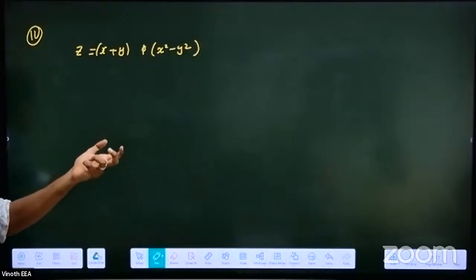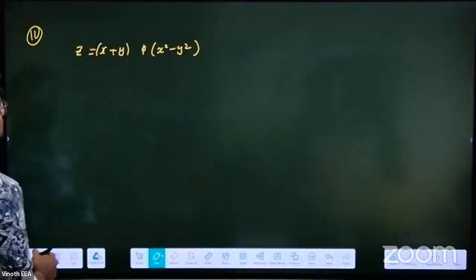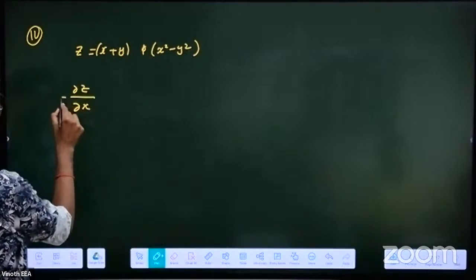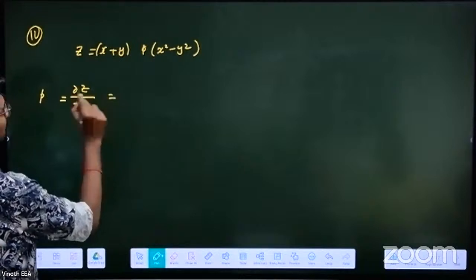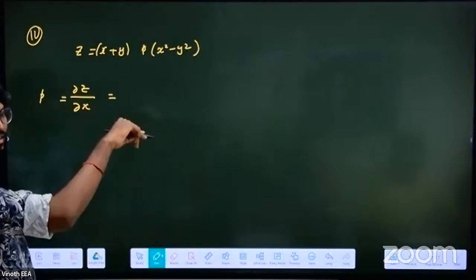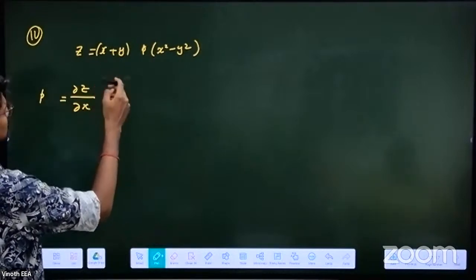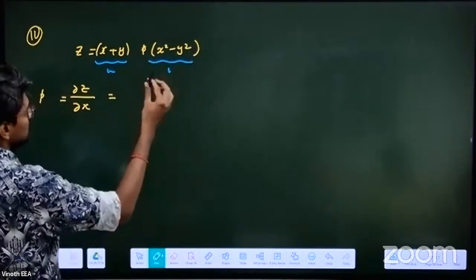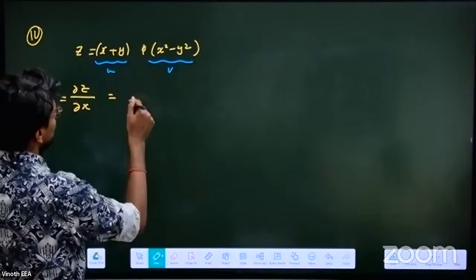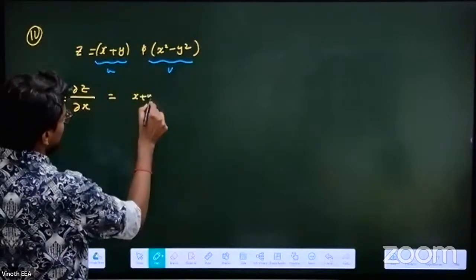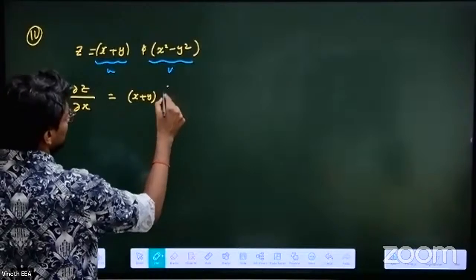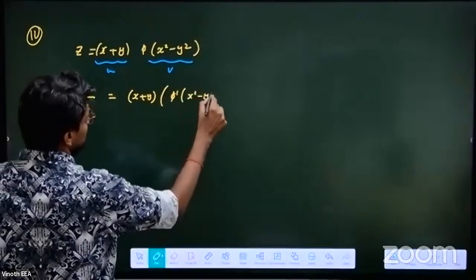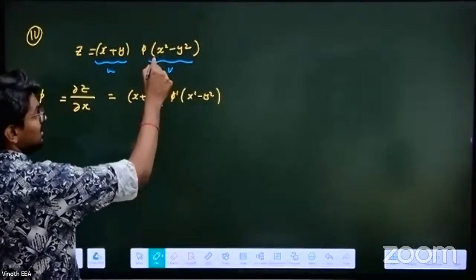I need to eliminate only the function. So what should I do? First differentiate partially with x. So dou z by dou x, which is my p, will be equal to... how to differentiate this? UV method. Consider one as u and another one as v. Keeping x plus y constant, differentiating pi will be pi dash of x square minus y square, and then differentiate the inside term.